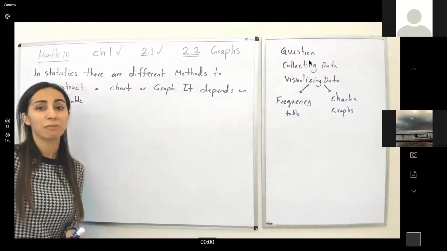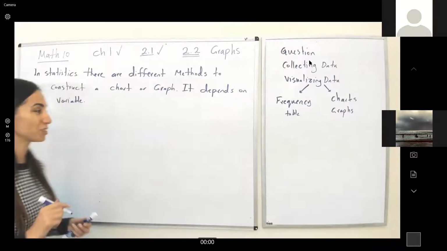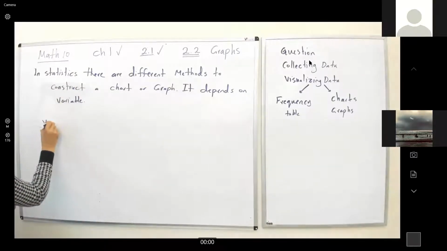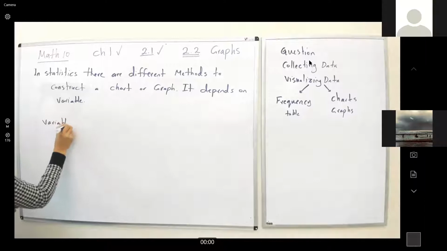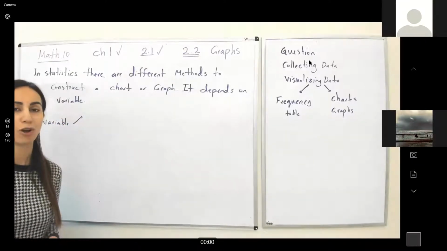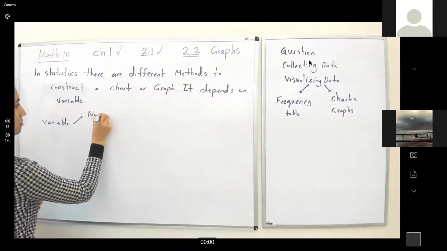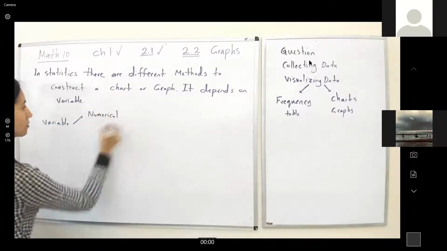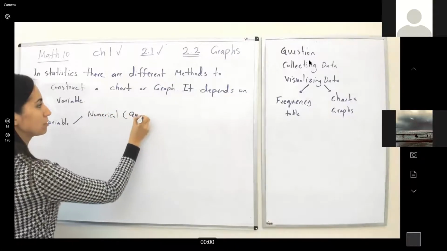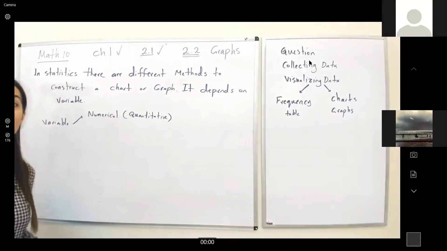Again, we're getting back to chapter 1. Remember, we talked about variables. When we talk about variables, a variable can be either a number, numerical, quantitative, or it can be categorical, qualitative.